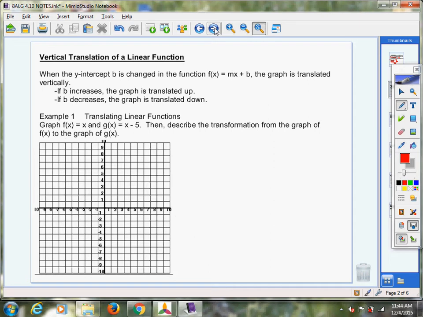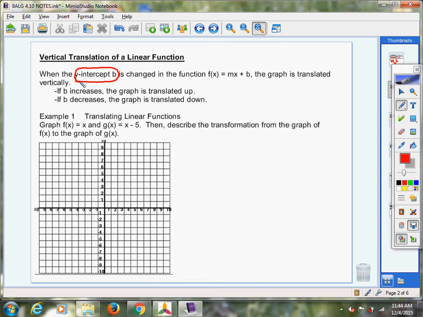We're going to talk about vertical translations. The biggest thing I want you to circle is y-intercept. If the only thing in the equation that's changed is the y-intercept, that means it's going to translate vertically. It's going to move either up or down depending on the sign of the y-intercept.